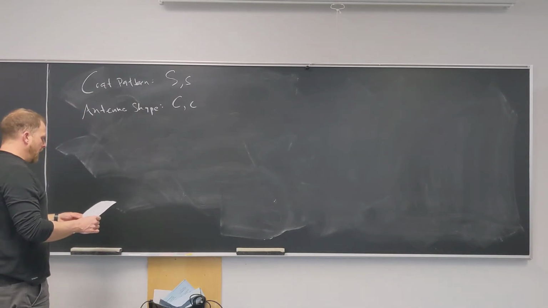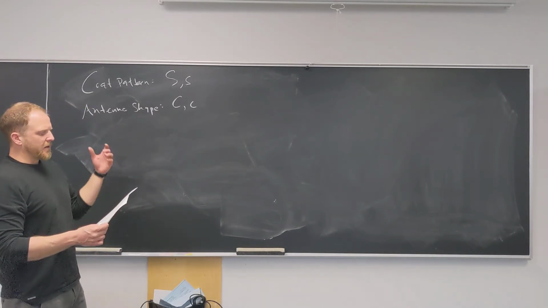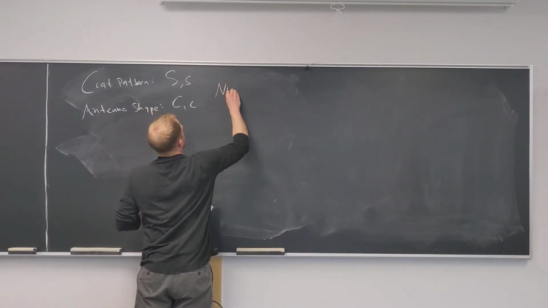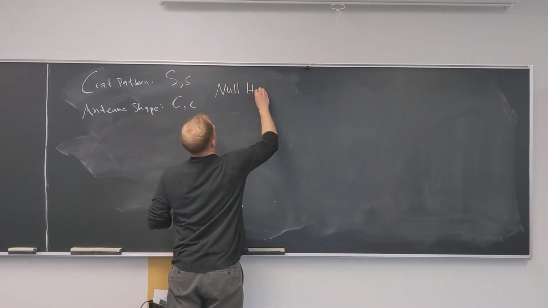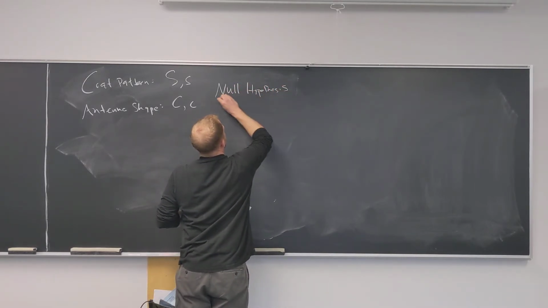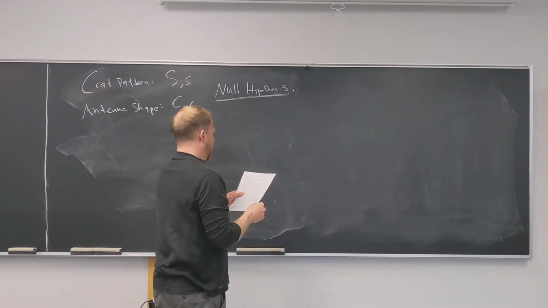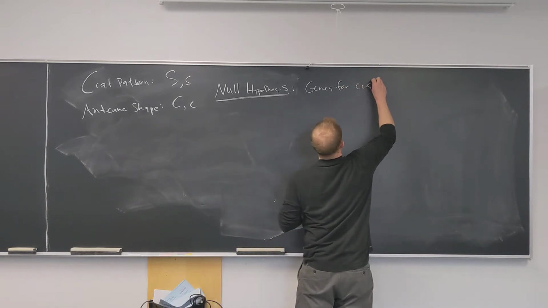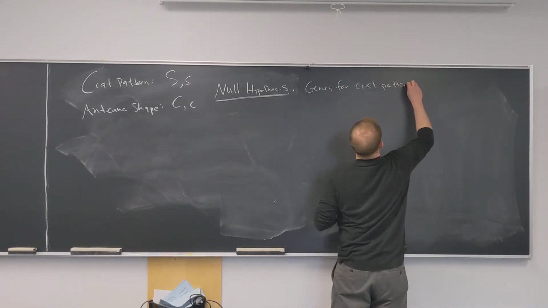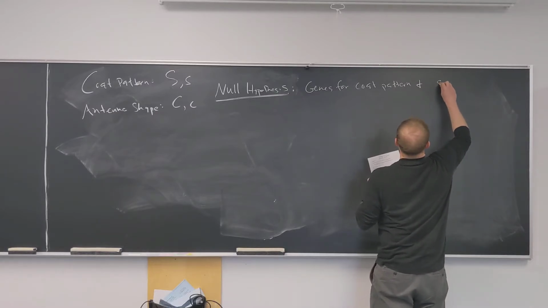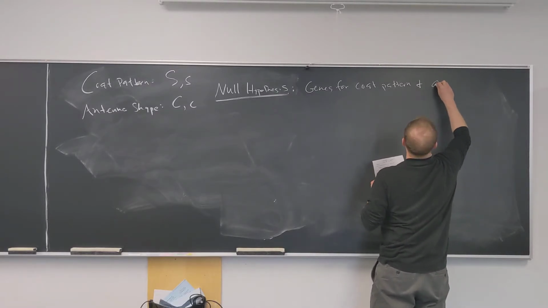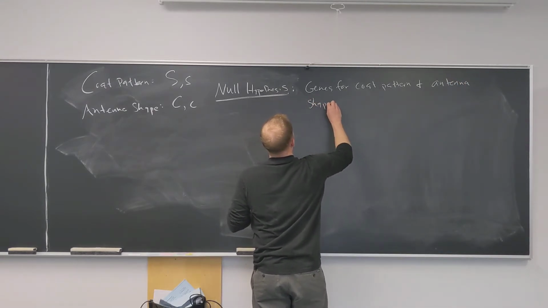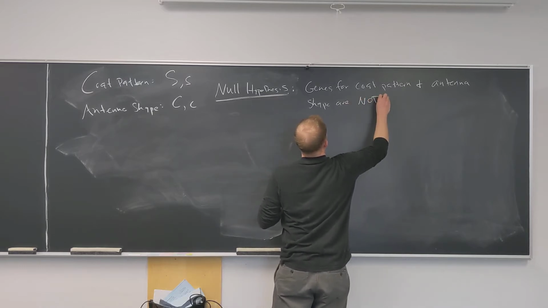So we thought that the gene for coat pattern and the gene for antenna shape were linked. This leads to our null hypothesis: that the genes for coat pattern and antenna shape are not linked.